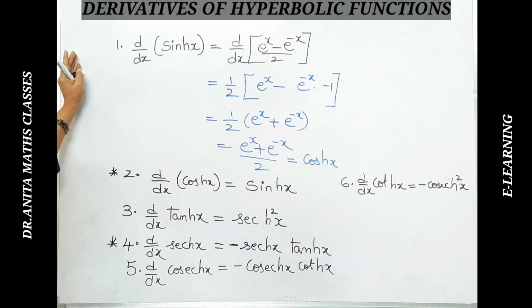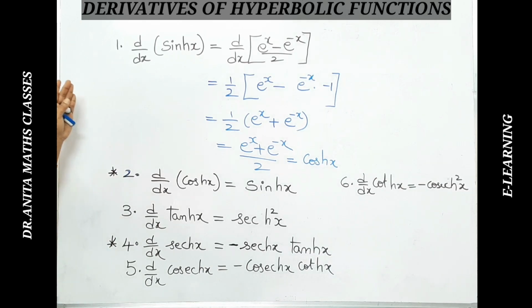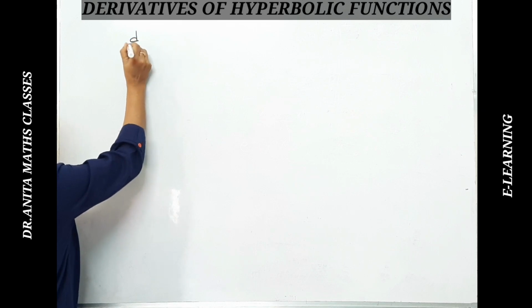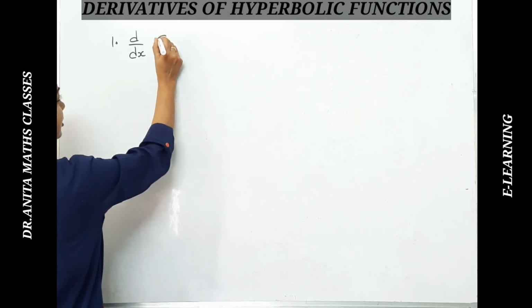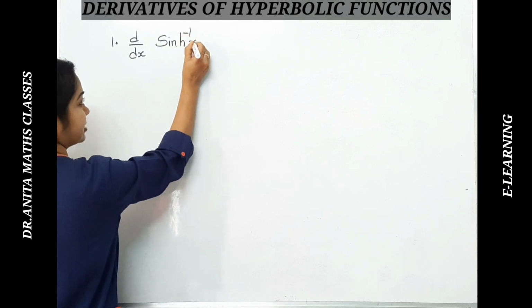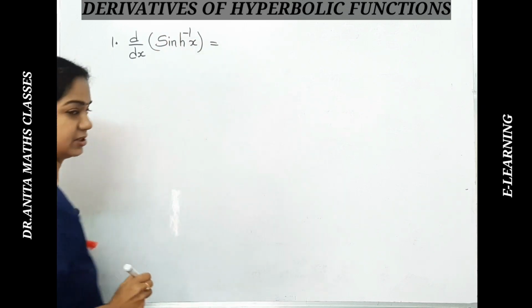Now let us discuss the derivatives of the inverse hyperbolic functions. Please make a note of this. So let us find the derivatives of the inverse hyperbolic functions. So d by dx of sine h inverse of x. Now what is the derivative of the inverse hyperbolic function?